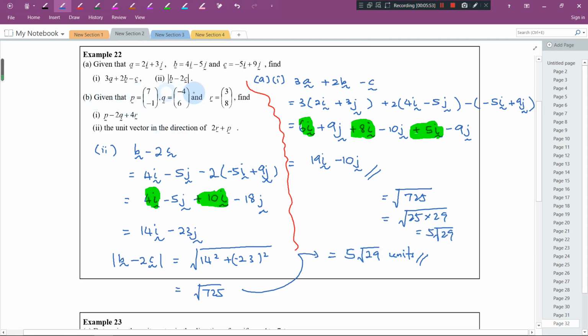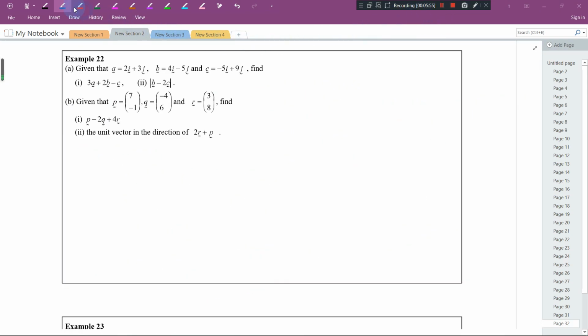Okay, now let's try part B. P minus 2Q plus 4R. So it's the same thing like what we did just now, but this one just gives the vector in a different form. Okay, so P minus 2Q plus 4R. What's P? P is 7, negative 1.